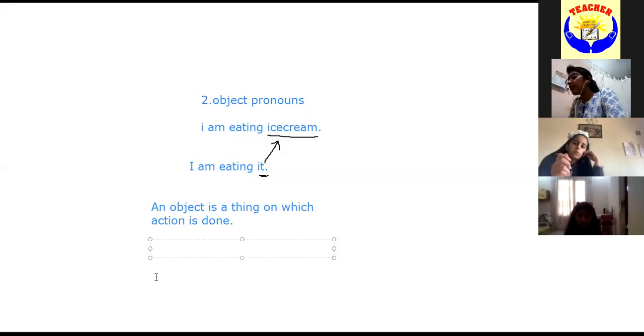And you can also say object pronouns come after a verb.